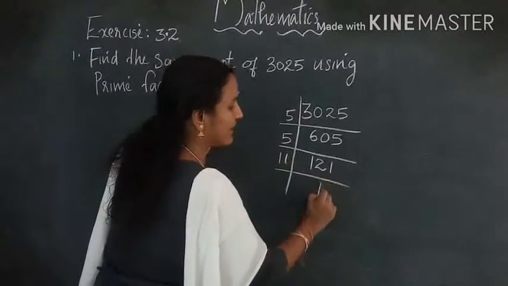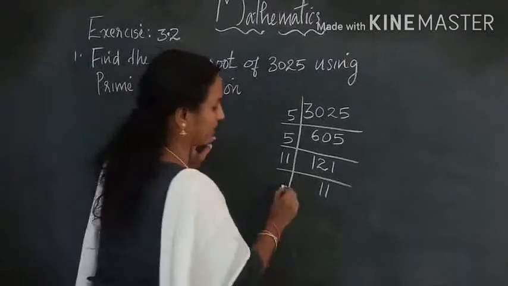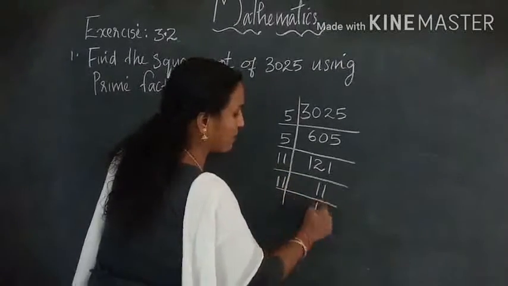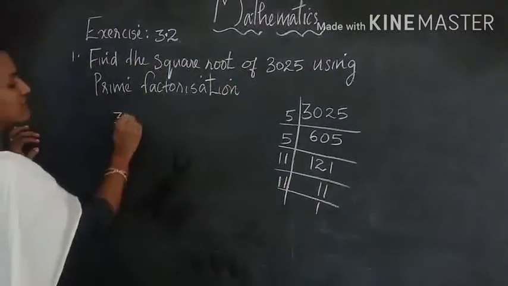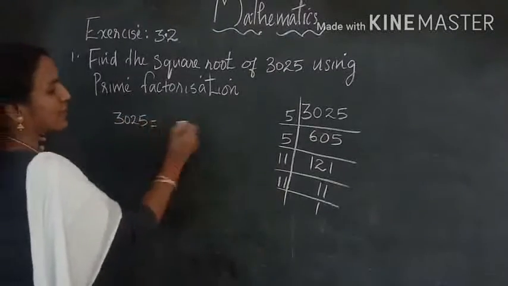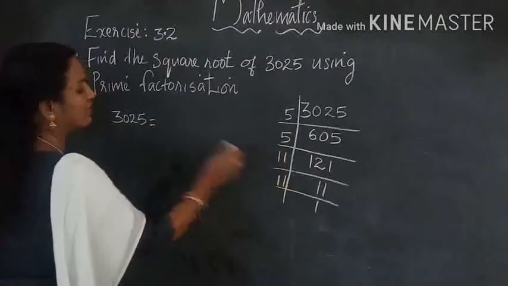Then 11. 11 11s are 121. So 3025 can be written as 5 into 5 into 11 into 11.